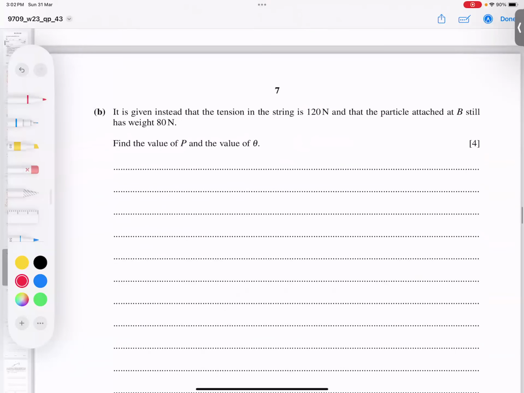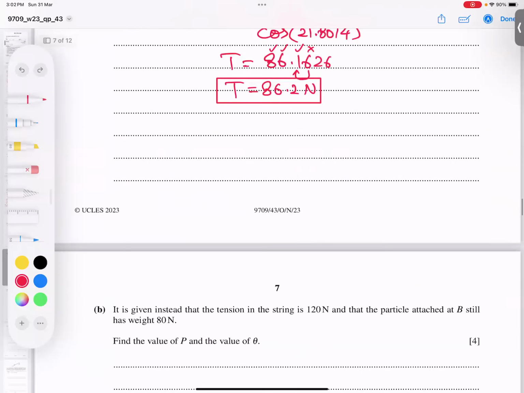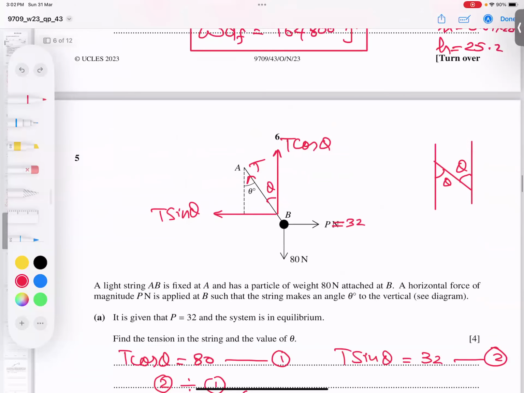Instead, the tension is 120 now, and the particle attached still has weight 80. So P is unknown this time. What I do here, students, is erase it and make it here. First, I do one thing.